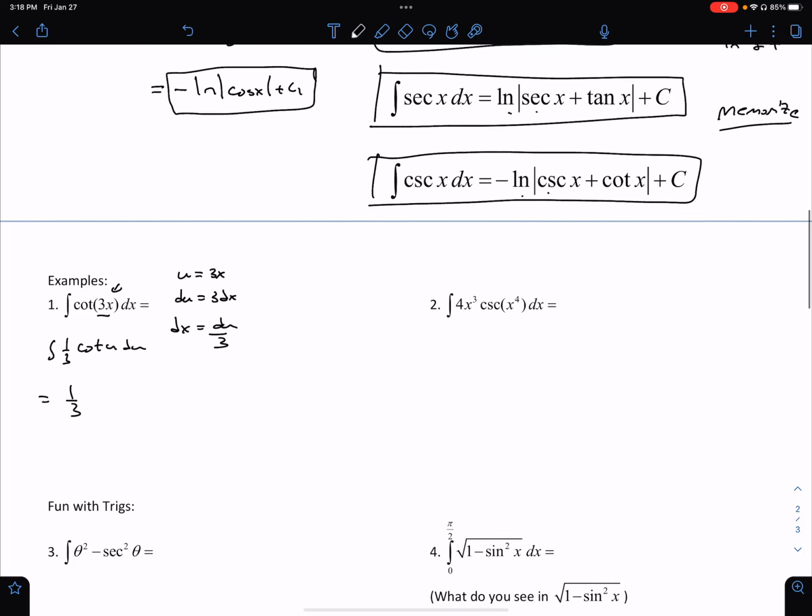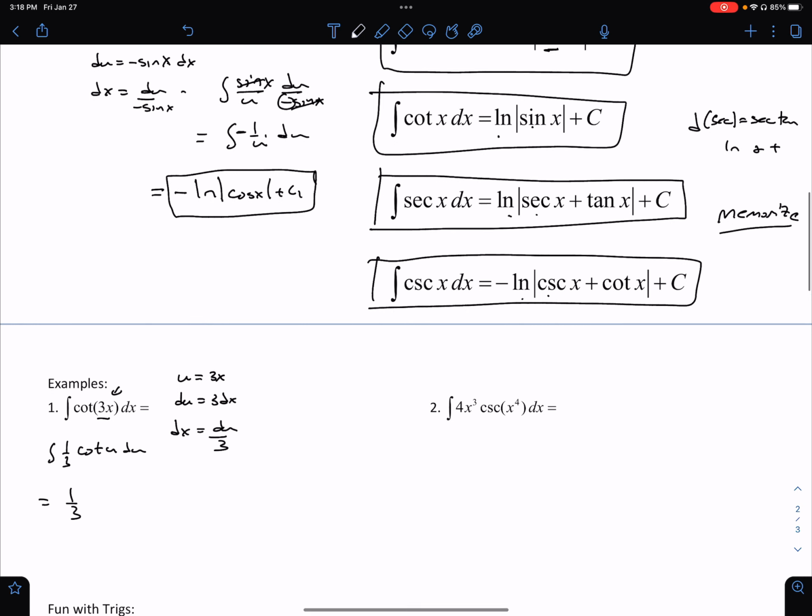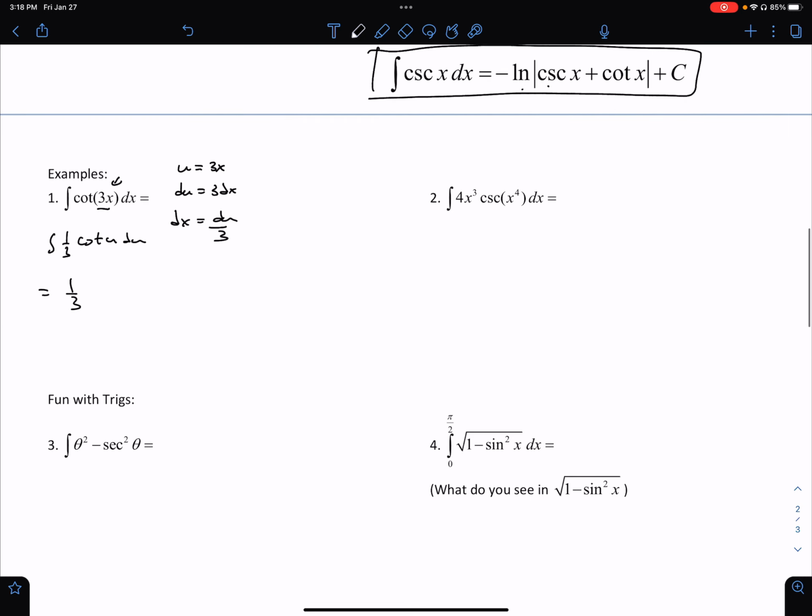Well, the antiderivative of cotangent is natural log sine plus c. So we get natural log of the sine of u plus c1, and just replace u. 1/3 natural log of the sine of 3x plus your constant of integration.